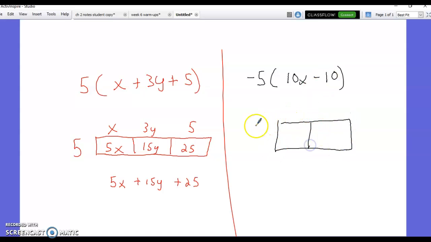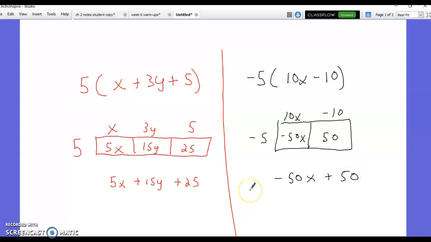So it's 2 boxes. On one side, I'm going to have the negative 5. On the top, I'm going to have 10x and a negative 10. All right, so now here, negative 5 times 10x would give me negative 50x. Negative 5 times negative 10 would be positive 50. So my written out answer would be negative 50x plus 50.